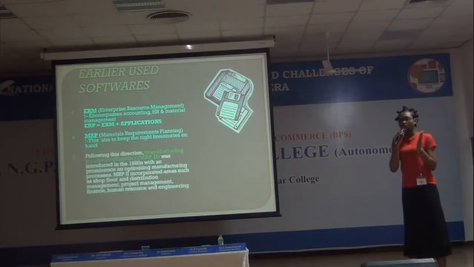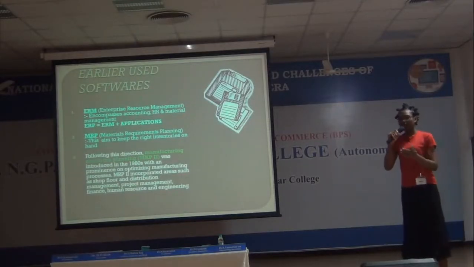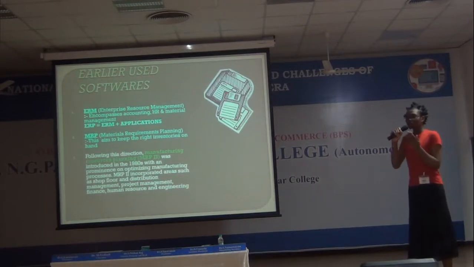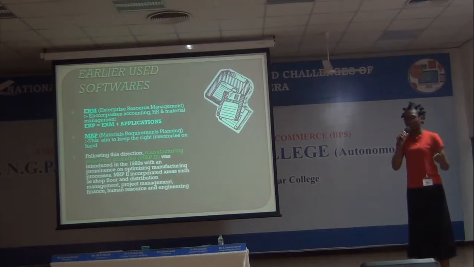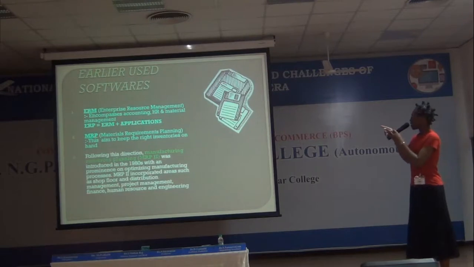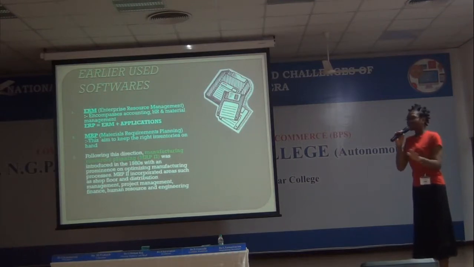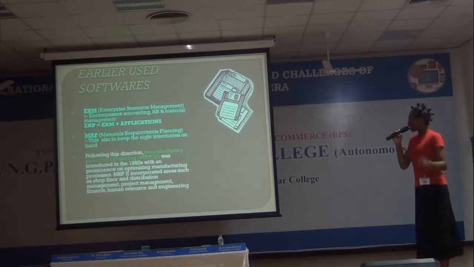But then, due to lots of documentation, manufacturing companies needed to upgrade and look for a kind of technology that would help them in their business processes. And that gave rise to material requirements planning. This stage helps to maintain inventories that require stock level and the basic manufacturing company needs at that point.